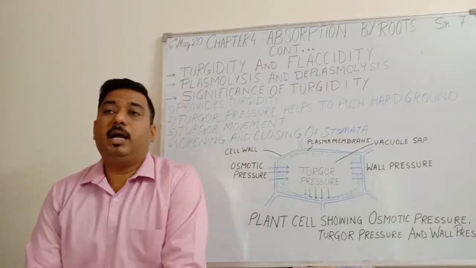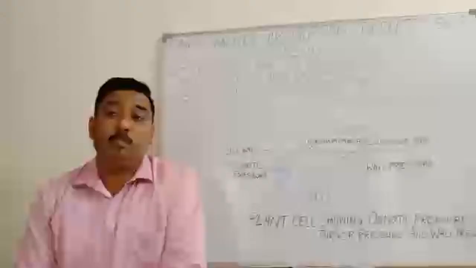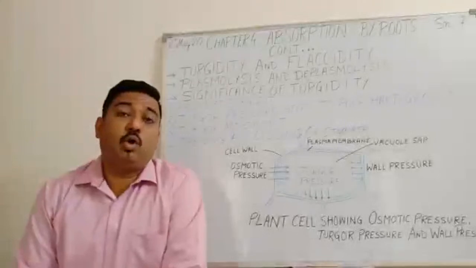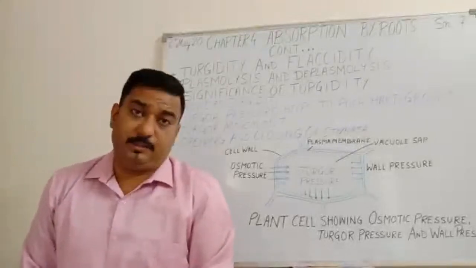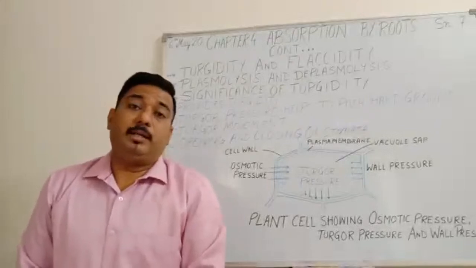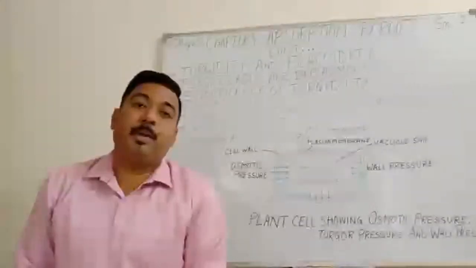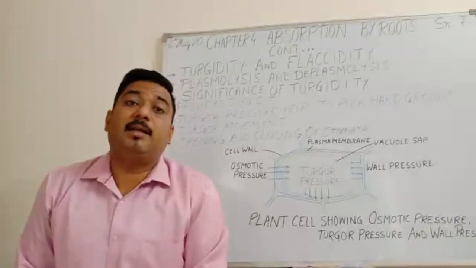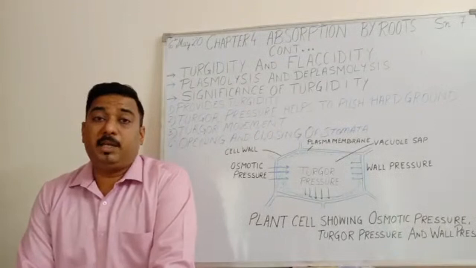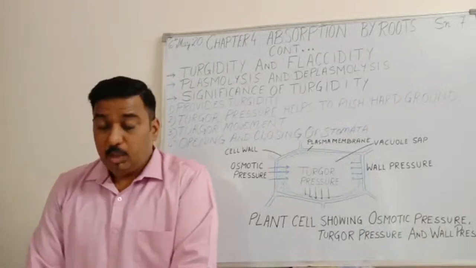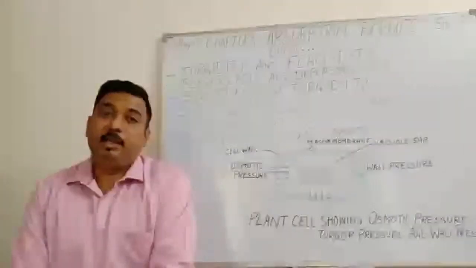But in the evening, or during the night, the temperature is so high that there is too much loss of water from the aerial parts of the plant. This loss of water from the aerial parts of the plant is termed transpiration. So when too much transpiration takes place, there is loss of water in the plant.